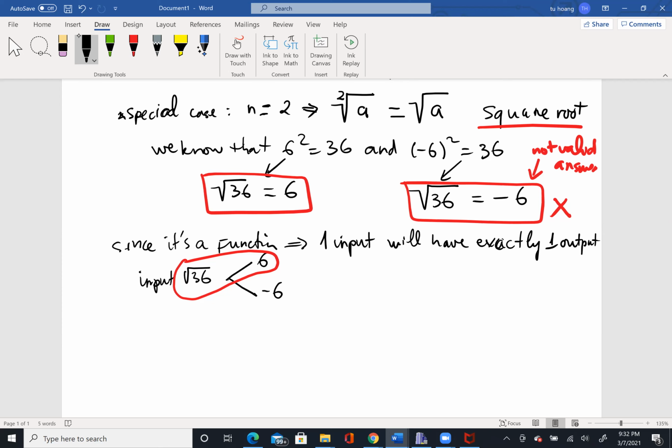And let me have an example. Say example 1.